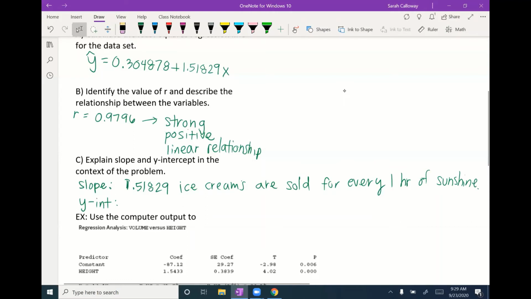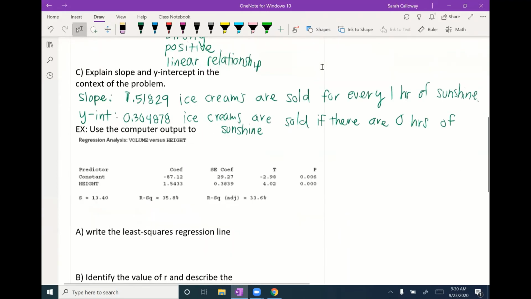So 0.304878 ice cream are sold if there are 0 hours of sunshine. And if we think about that concept, that's not going to make sense in the context of the problem, right? There's not going to be a portion of an ice cream sold.